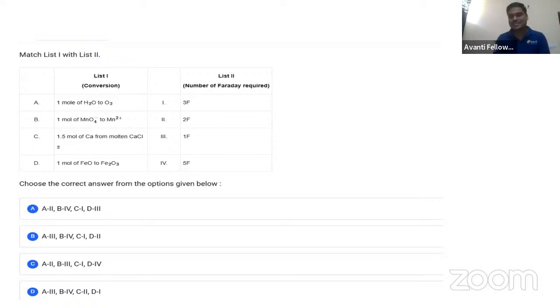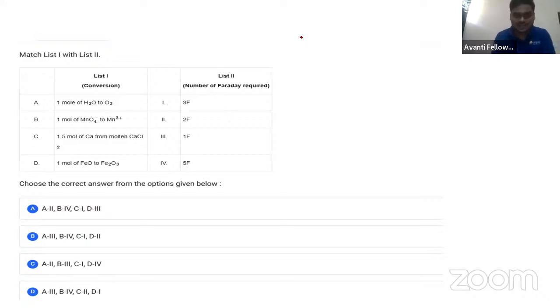How many Faraday is required for this conversion? So just calculate the number of electrons that actually participate, and on the basis of that you can find the number of Faraday required. ठीक है?